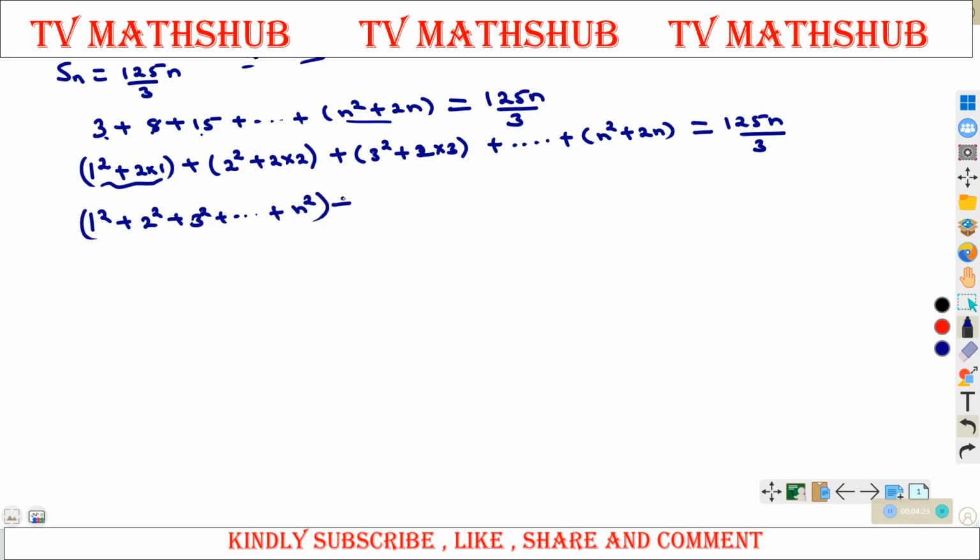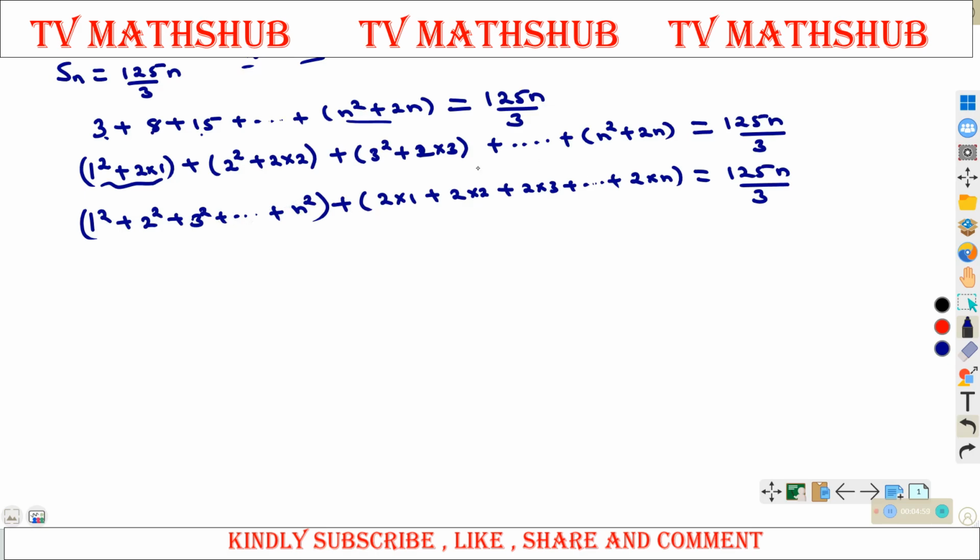Then we add the next part: 2 times 1 plus 2 times 2 plus 2 times 3, and this goes up to 2 times n. And the sum here must give us 125n divided by 3. Looking at this, you realize this is something known. We already know that the sum of 1 squared plus 2 squared plus 3 squared up to n squared is a known sum.